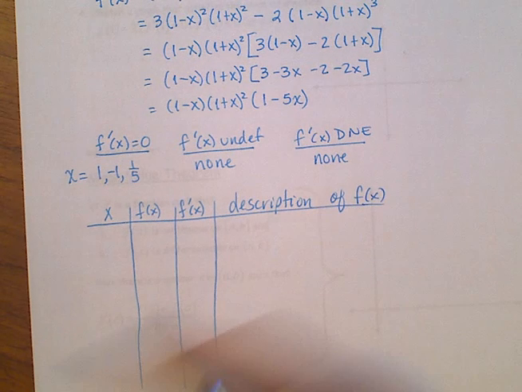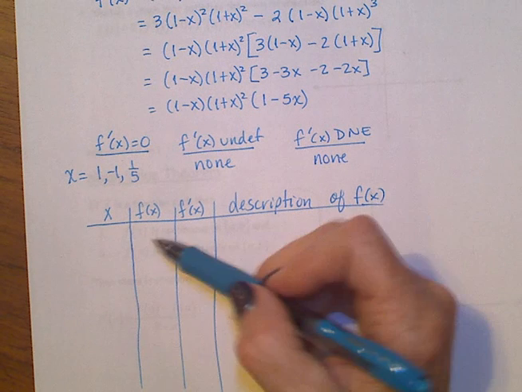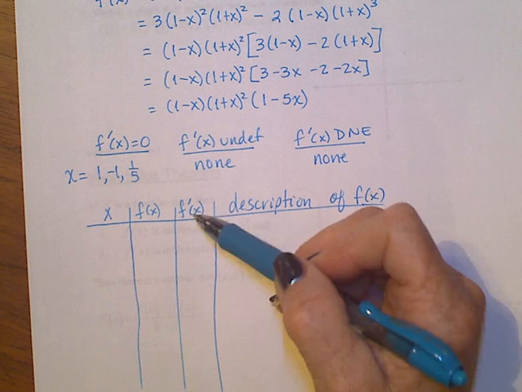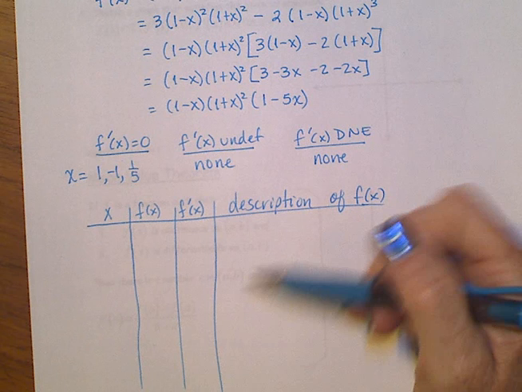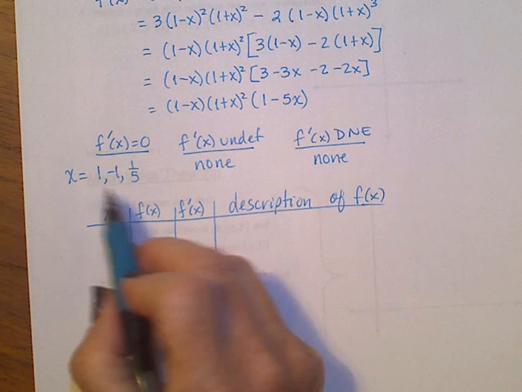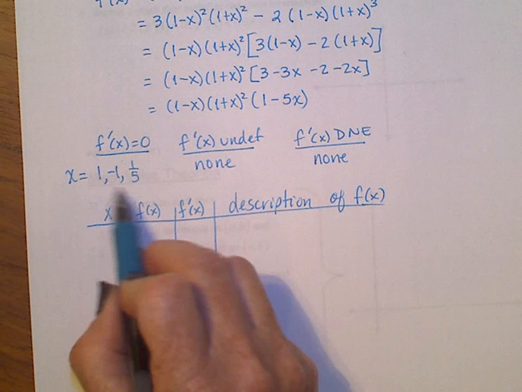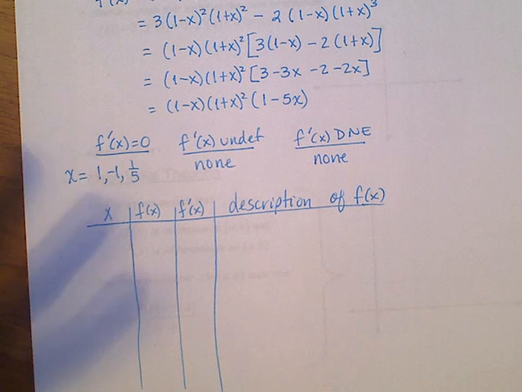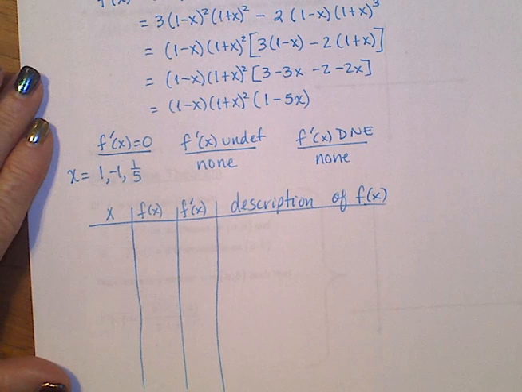Okay, so we have some columns here. We have an x column, an f of x column, an f prime column, and a description of f of x.